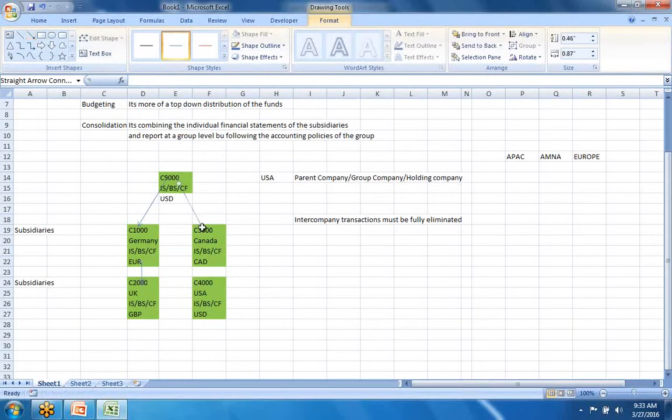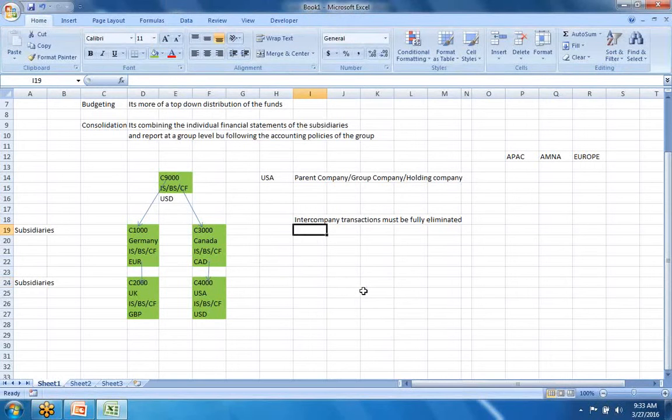C9000 would have invested in the share capital of C3000, and C3000 would have promoted by investing in the share capital of C4000. So these investments against the equity must be eliminated before I produce a consolidated financial statement at C9000 level.